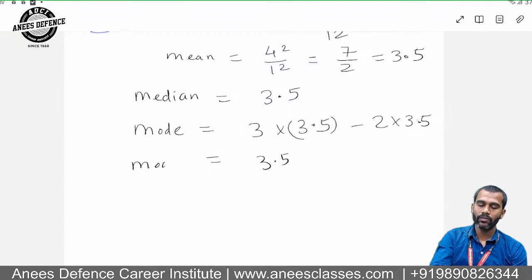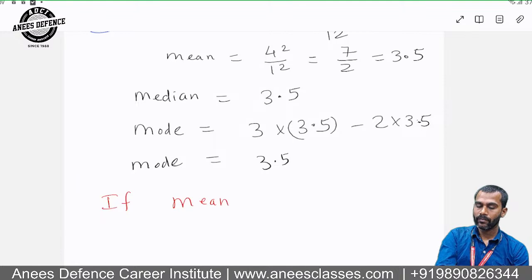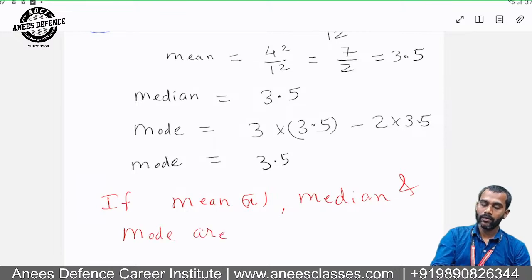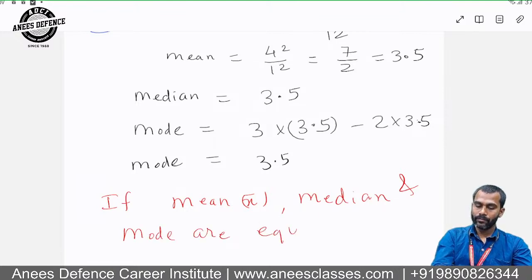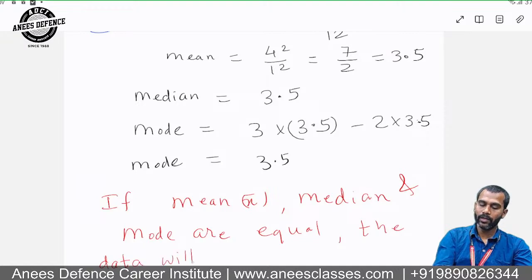Write down one note. If mean, meaning arithmetic mean, median and mode are equal, then the data will be symmetrical data.